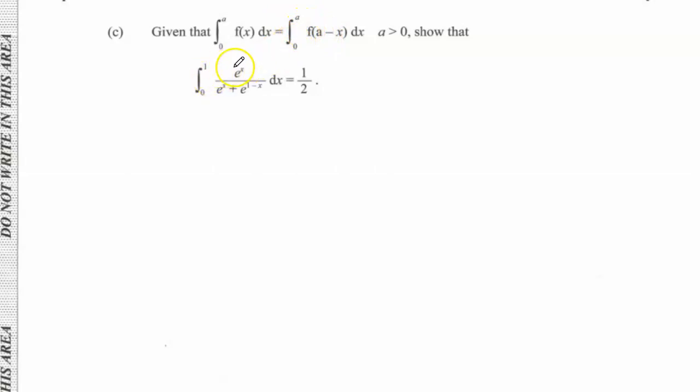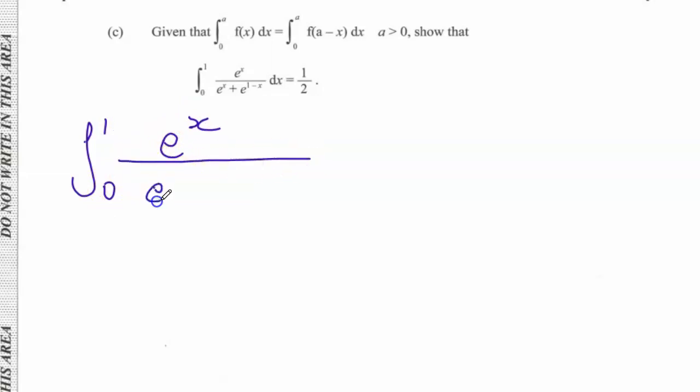So here we have the integral of e to the x upon e to the x plus e to the 1 minus x. We have to prove it's equal to a half. Alright, so let's begin with the integral of e to the x upon e to the x plus e to the 1 minus x. We're asked to show that this should be equal to a half.